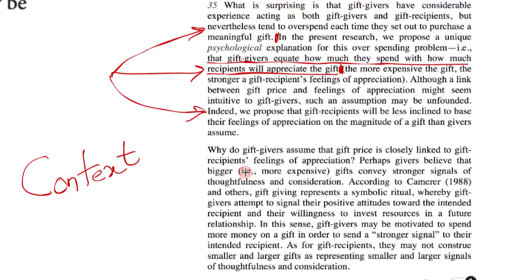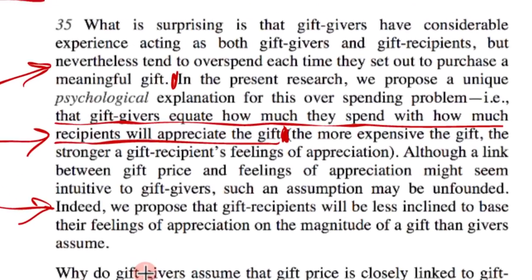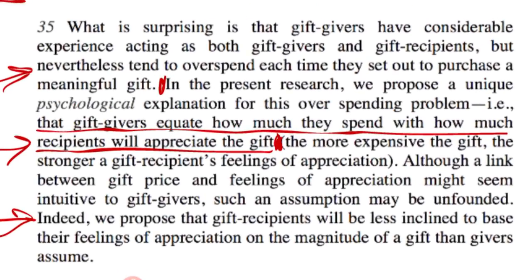So let's try that. Let's read before. It says, "What is surprising is that gift givers have considerable experience acting as both gift givers and gift recipients, but nevertheless tend to overspend each time they set out to purchase a meaningful gift. In the present research, we propose a unique psychological explanation for this overspending problem.